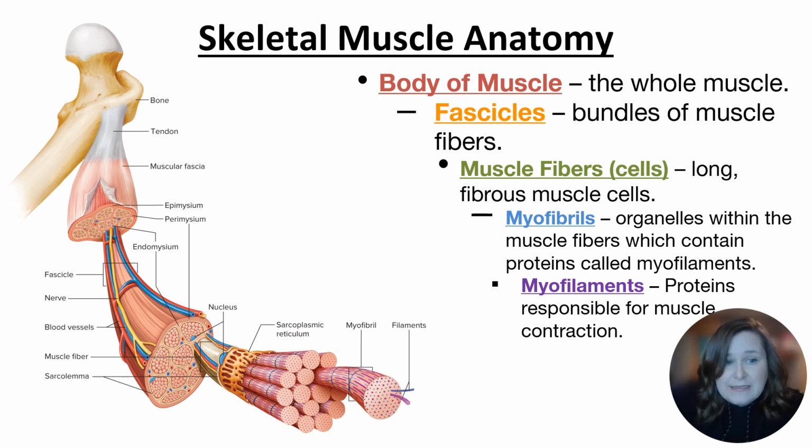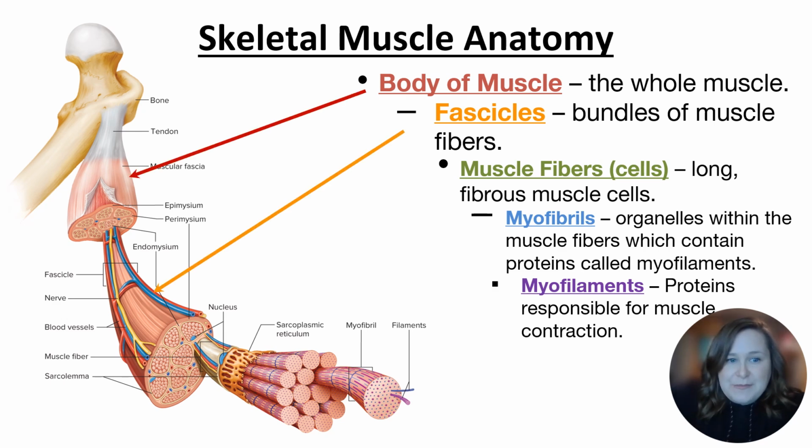So when we look at this, each one of these little circles within the body of the muscle is a fascicle. The muscle fibers, let me give you some arrows here to help a little bit. The muscle fibers is going to be when we're pulling these fascicles out, and then we're looking at these individual bundles within the fascicles. The muscle fibers are going to, again, be the cells of the muscles.